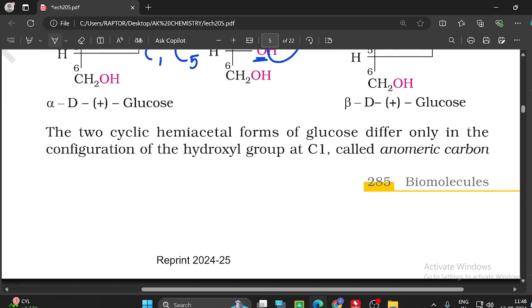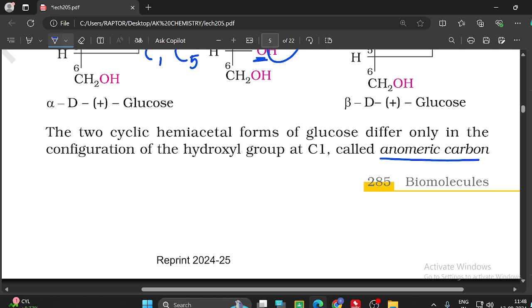See, what are called anomers? This is important. What are called anomers? 2 more questions. Anomers are the isomers which differ in the position of OH at the first carbon atom.